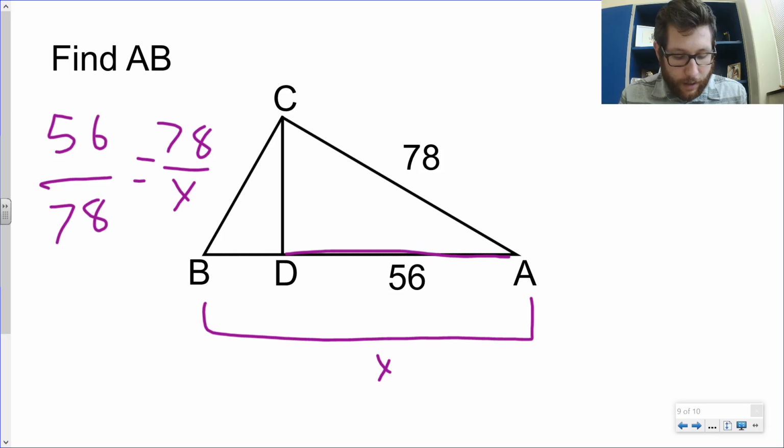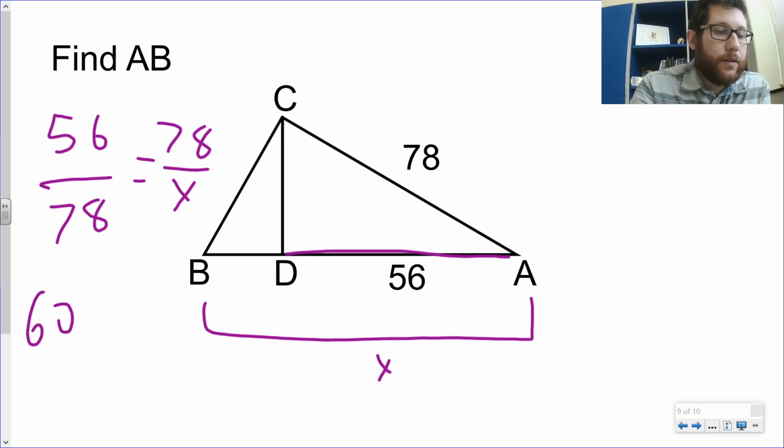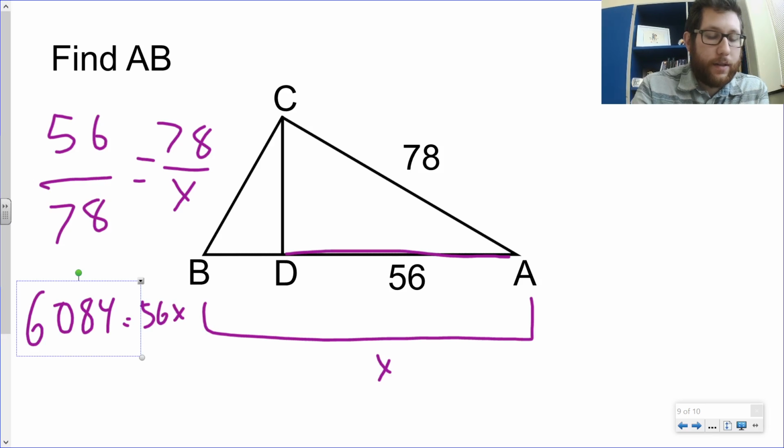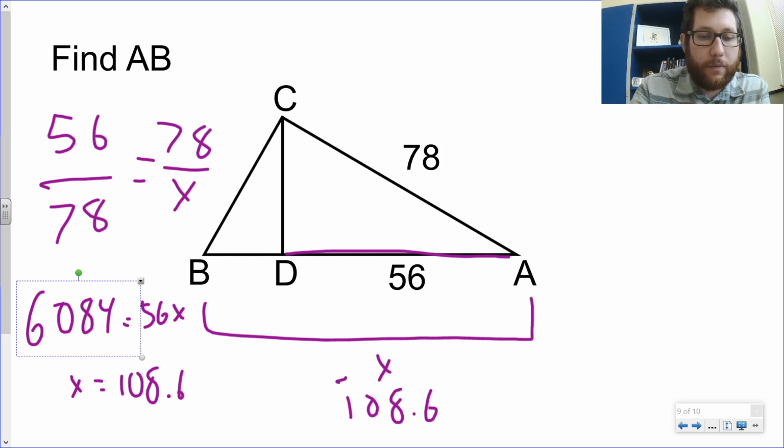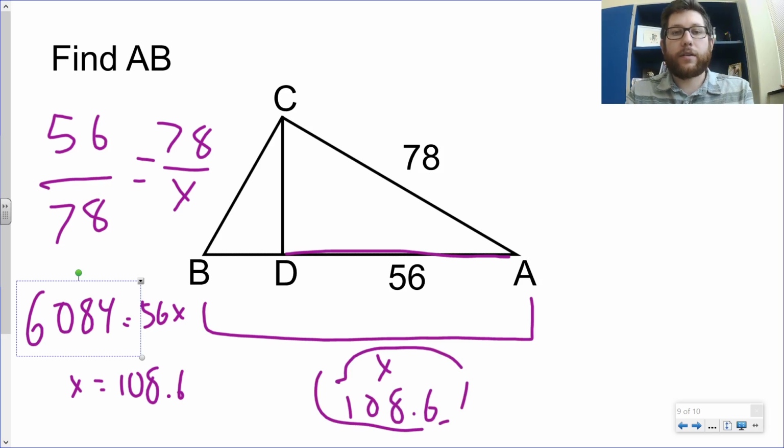And I'm not going to try and do that one in my head. 78 times 78, 6,084 is equal to 56x, and then let's divide that by 56, and I get x is equal to 108.6. That would be my distance here for x, 108.6.